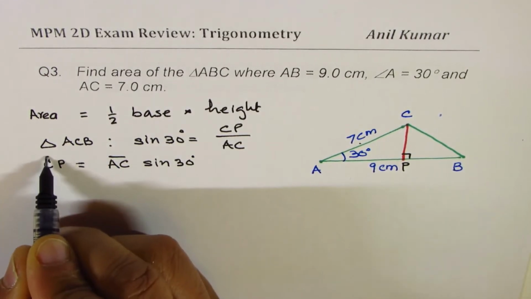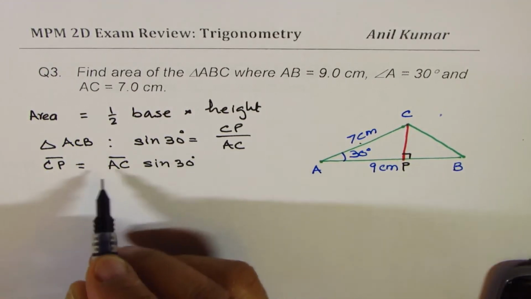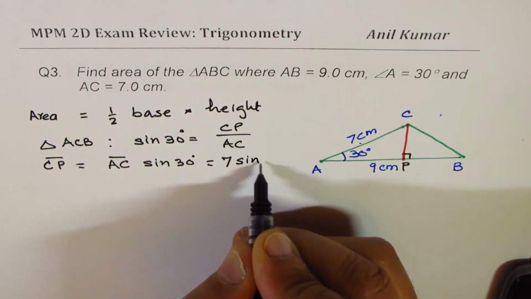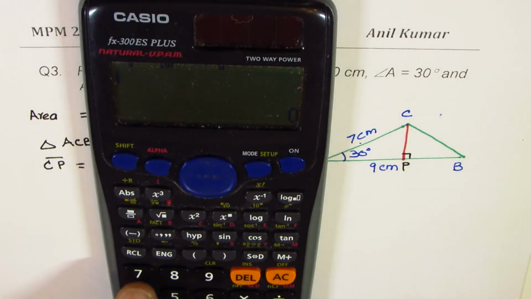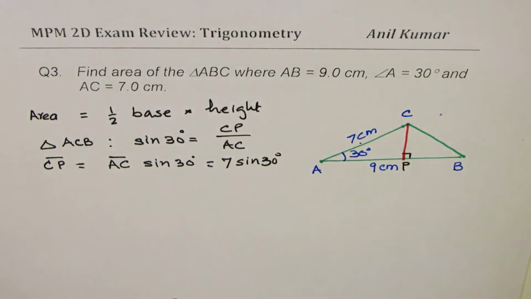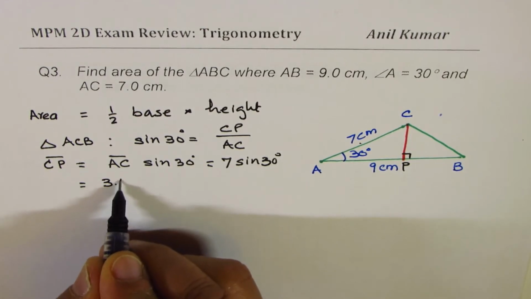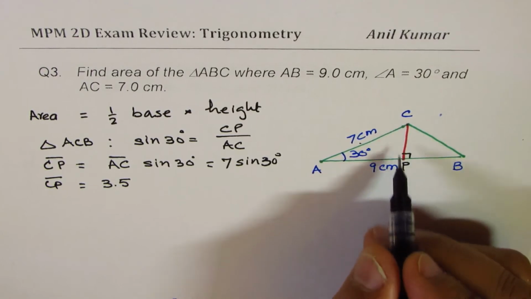Sometimes we write it like this, segment. Okay. So let's calculate. Well, AC is 7, so we have 7 sine 30. So we get 7 times sine of 30 degrees is equal to 3.5. If you know special triangles, you don't even have to use a calculator. So that becomes CP. So that is the height.